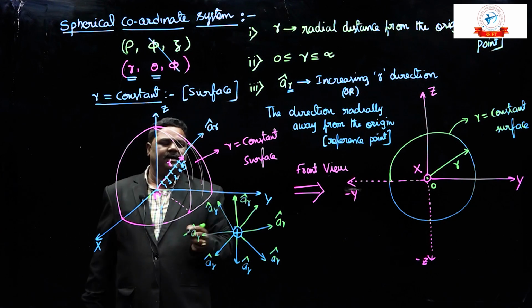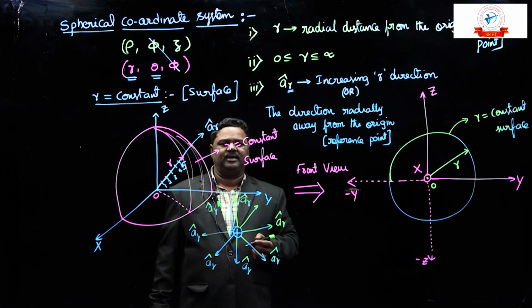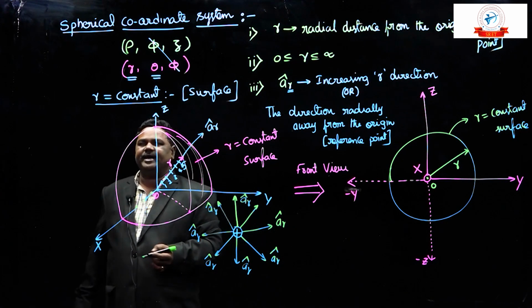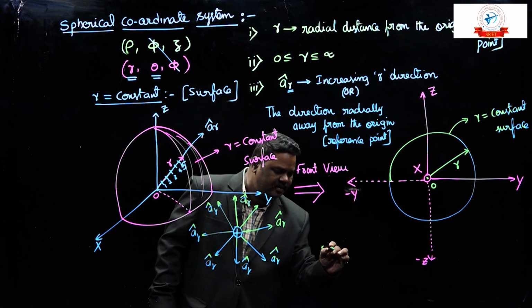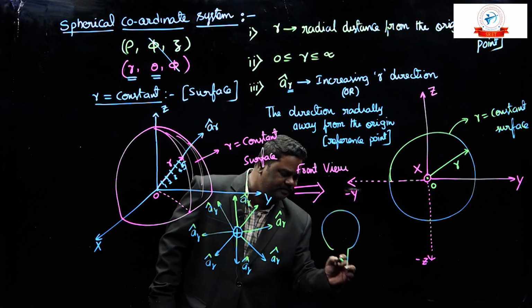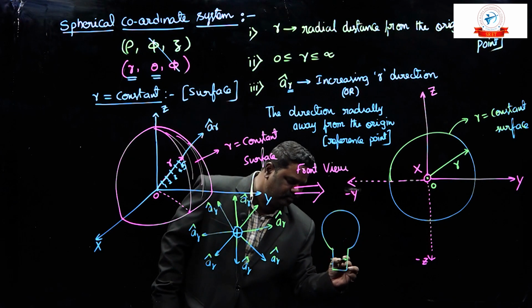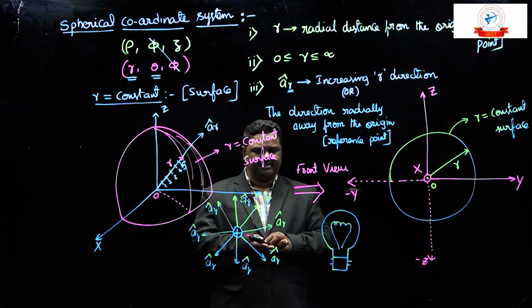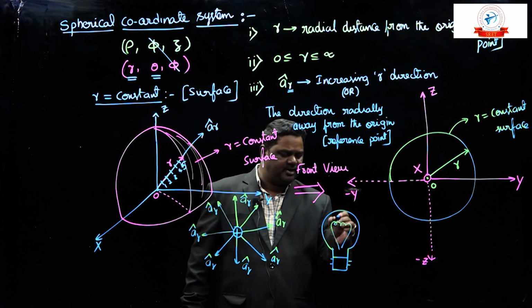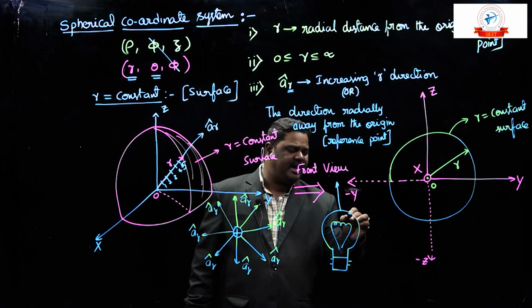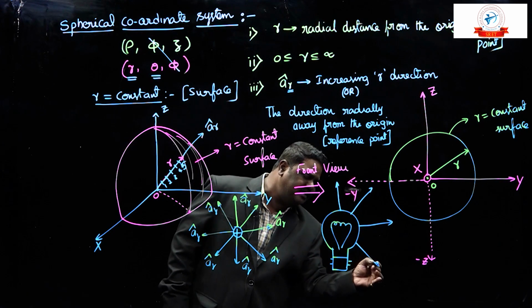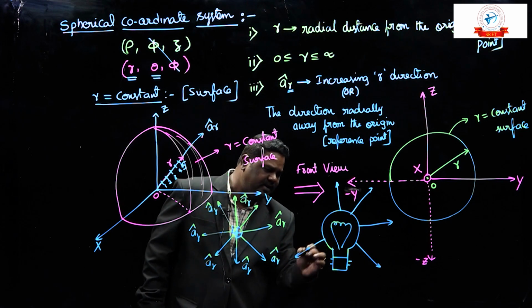Or we can take another example, like light emitted from a bulb. Let us consider a bulb here. What is the direction of light from the bulb? Light will emit from the bulb and move perpendicularly away from the surface of the bulb.